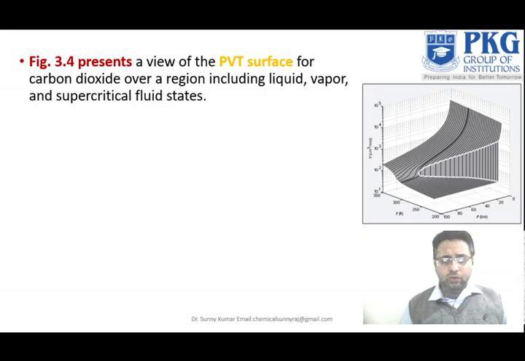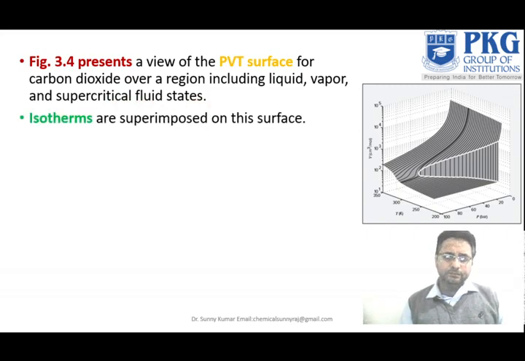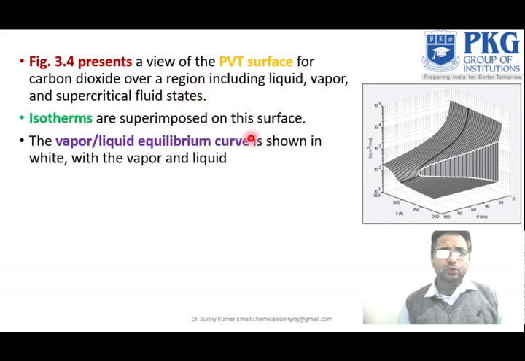Okay, now figure 3.4 represents a view of the pressure, volume, temperature surface for carbon dioxide over a region including liquid, vapor and supercritical states. Isotherms are superimposed on this surface. The vapor-liquid equilibrium curve is shown.